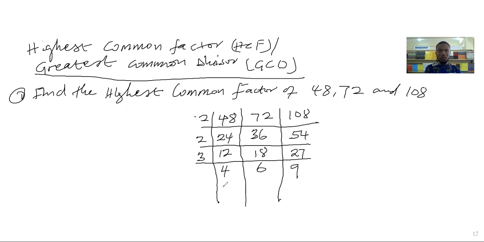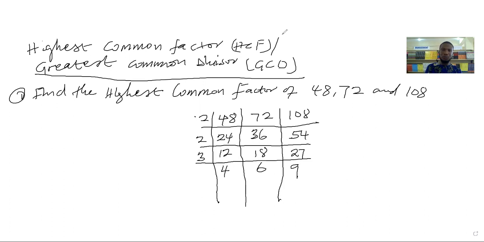So, looking at 4, 6, and 9, there's no common factor again, because 2 can divide this and this, but it cannot divide a 9. 3 can divide 6 and 9, but cannot divide a 4. And that is it. So that ends our division.